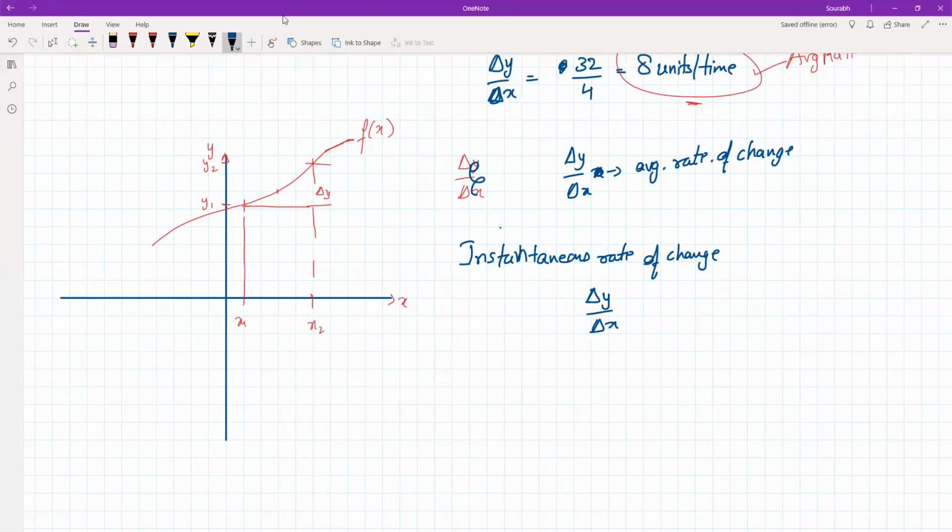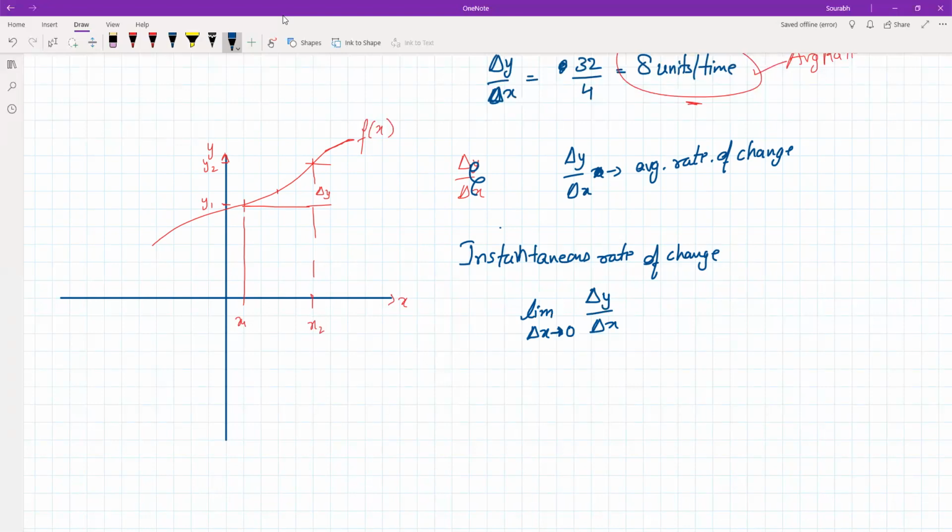How can we represent that? In maths, we have a technique for that, called limits, that we'll study in maths later. So the limit of this delta y by delta x, when this delta x is almost, I'm not writing equal to, I'm writing almost equals to 0.